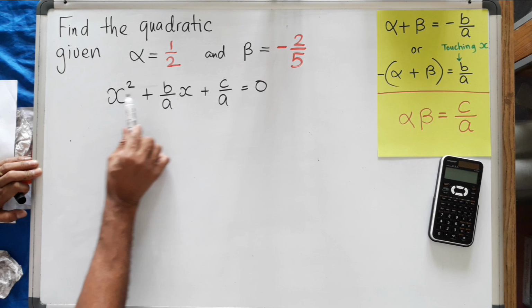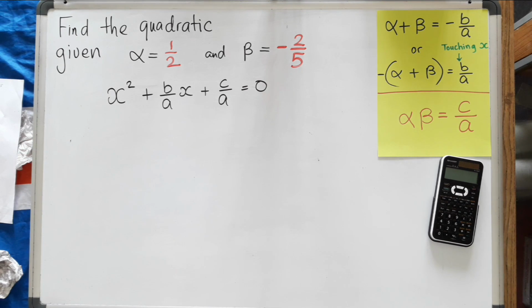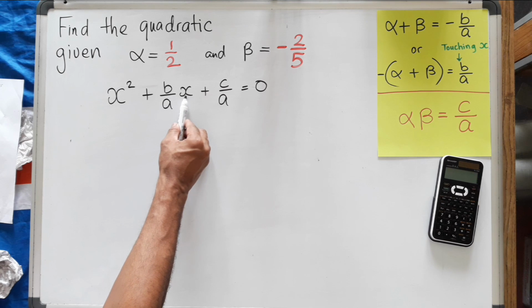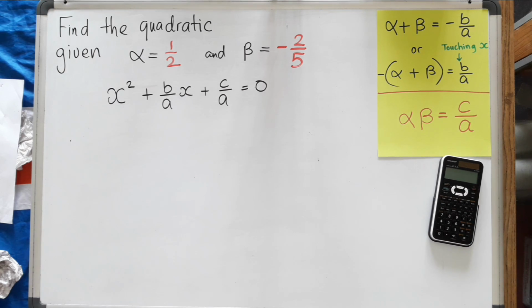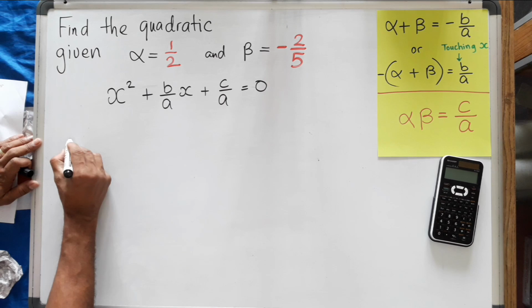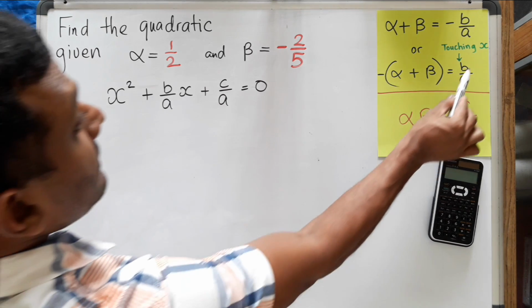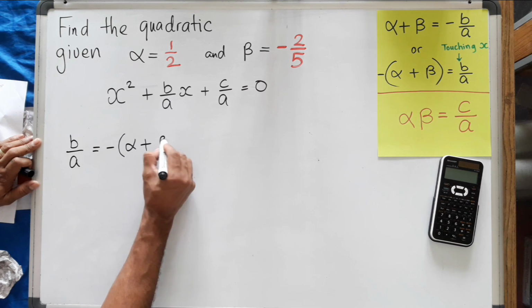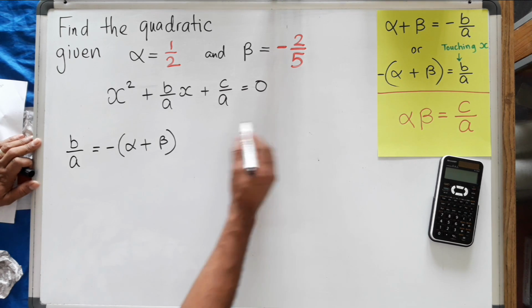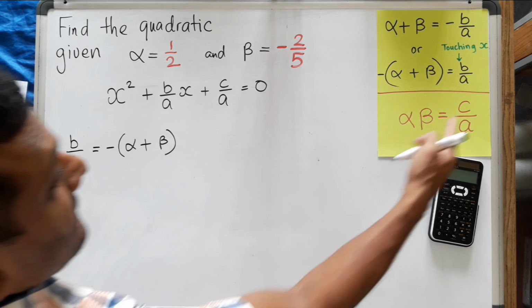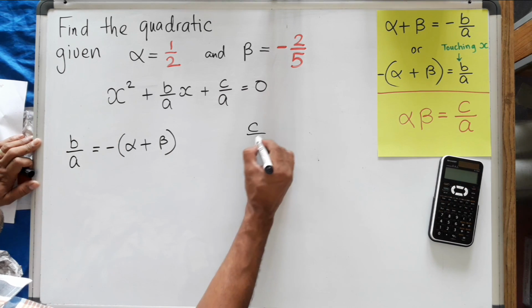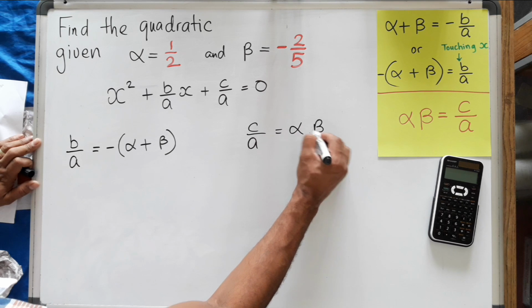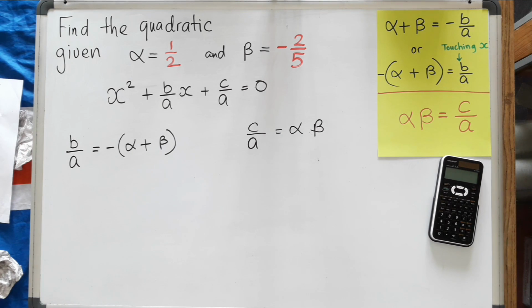I already divided the quadratic by A. So to figure out what is touching X, we just have to figure out the value of B divided by A. So let's use the formula. B divided by A is equal to minus open brackets alpha plus beta. And of course, to find C divided by A, we just have to take alpha and multiply it by beta. And once again, I'm going to keep reminding you, please stick with fractions. And you'll see why in a little while.